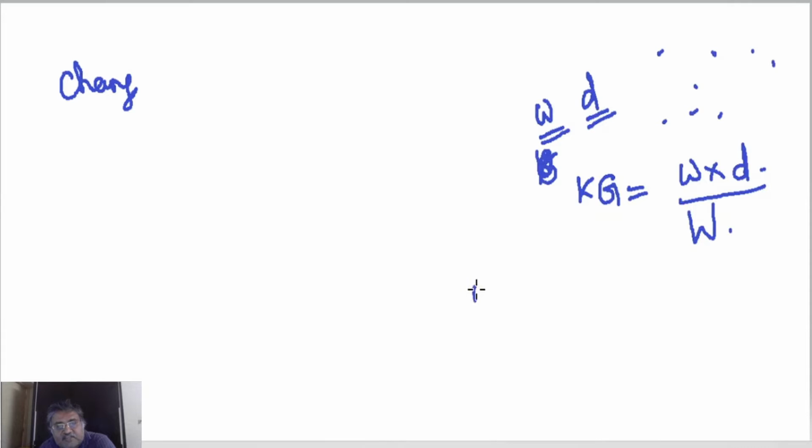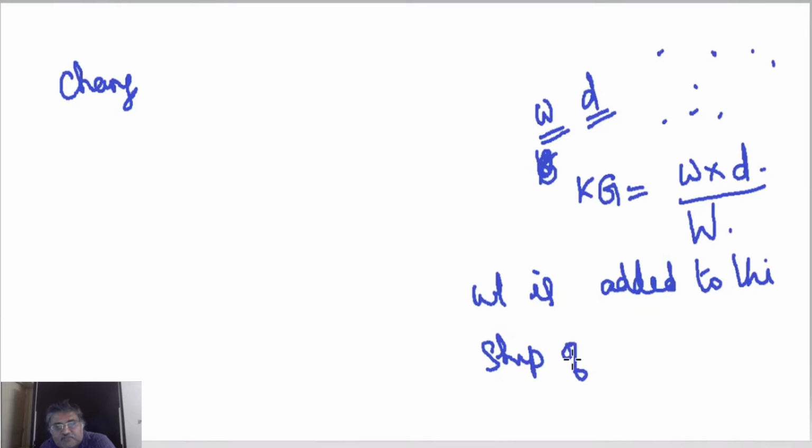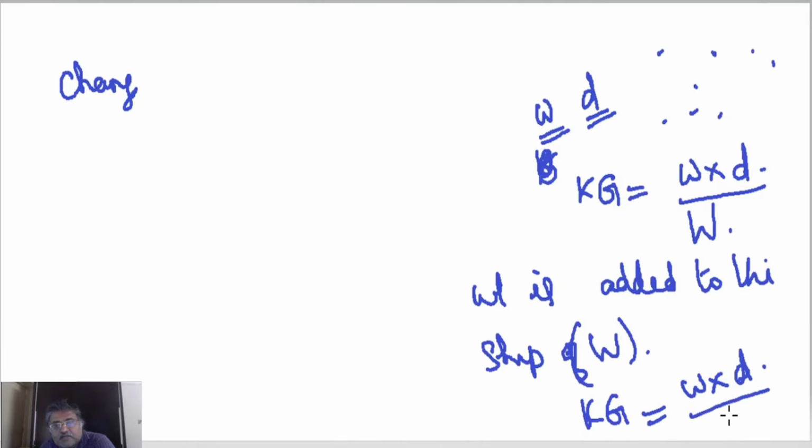Now, if a weight is added to the ship, with its own weight of w, and then it is moved a distance d, then this will be w into d by W plus w. Actually, you can imagine it because the total weight is not just W at that time.